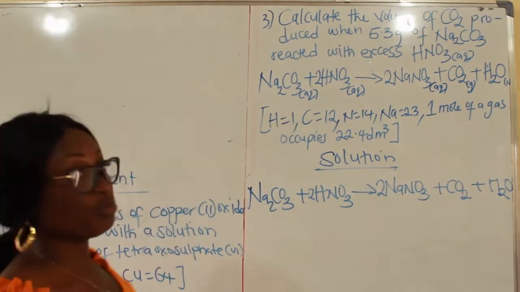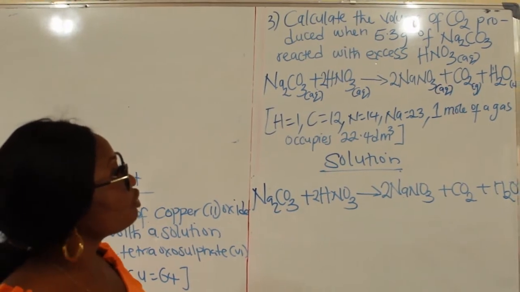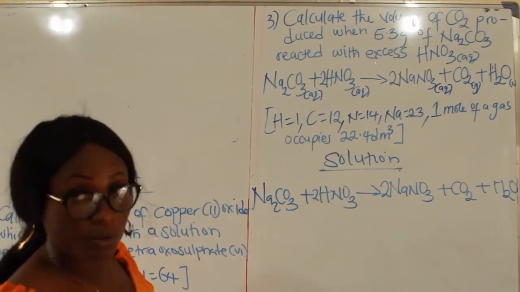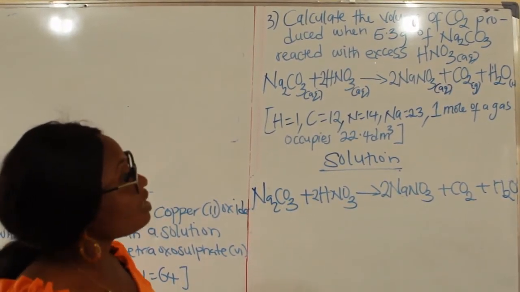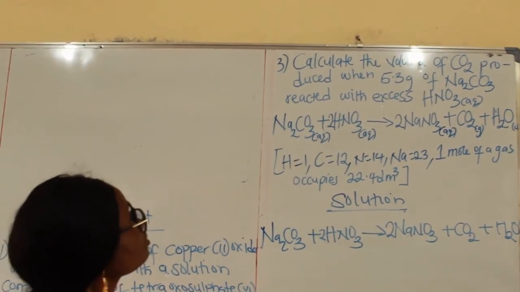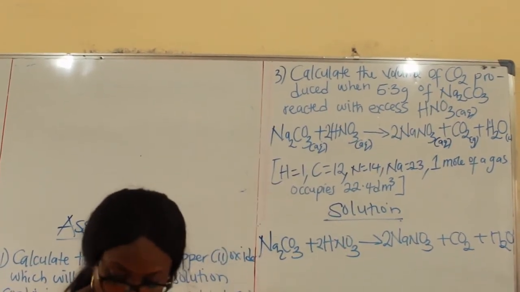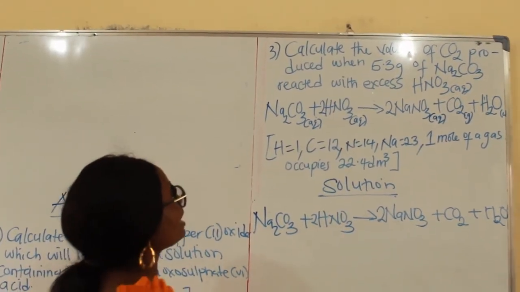Now, having written down the equation of the reaction, the next thing you will do is to look at the question again and know what and what is given, and then you will know what you're supposed to use. So from here, you're asked to calculate the volume of CO2. So I'm going to just underline that.